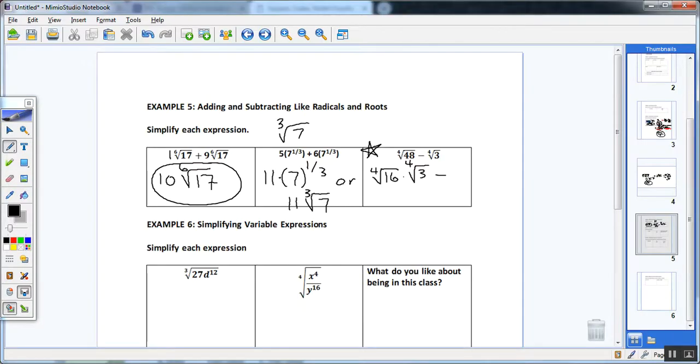So here's what we have, kids. But this is pretty interesting. We took 16 out because 16 was a perfect power of what? 4, right? Look at your chart. What is the fourth root of 16? 2. Okay? This is really the same as 2 fourth roots of 3 minus the, really, how many fourth roots of 3 over here?